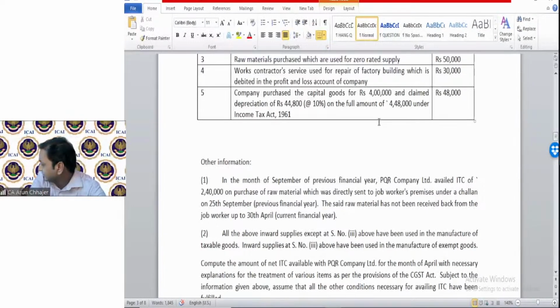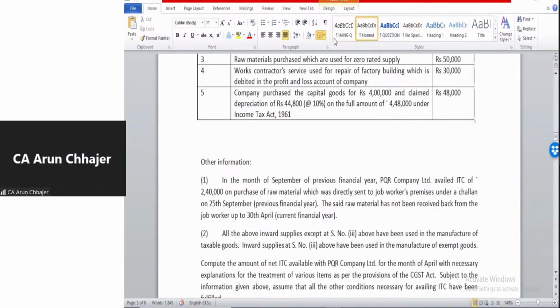Now tell me whether ITC of the 50,000 would be available or not if the outward supply is an exempted item. Outward supplies of export or SEZ are of an exempted item. Very important question. Please confirm: can I take the ITC on zero rated supply if the same is exempted?